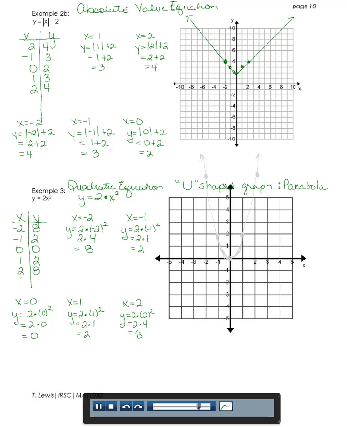P-A-R-A-B-O-L-A. Parabola. That's the name of it. Remember that name, because you're going to hear it again. We definitely will be talking about quadratic equations in here. It's P-A-R-A, that is an R, B-O-L-A. We can't go up to 8, but we can make an 8.